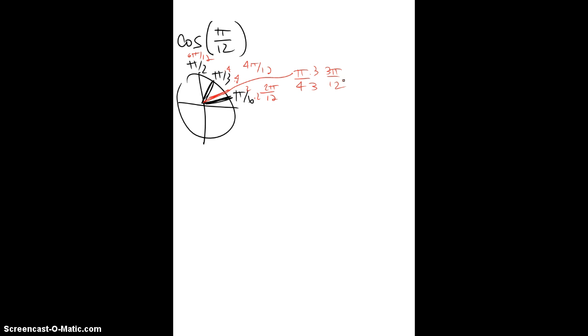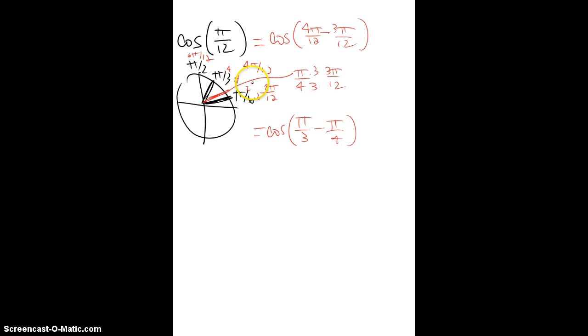So I could use this and this, which are 1 apart, or I could use this and this. Those are 1 apart. Sometimes it's just personal choice. I'm going to use 4 pi over 12 minus 3 pi over 12. And basically that's the same if I reduce it: pi over 3 minus pi over 4.